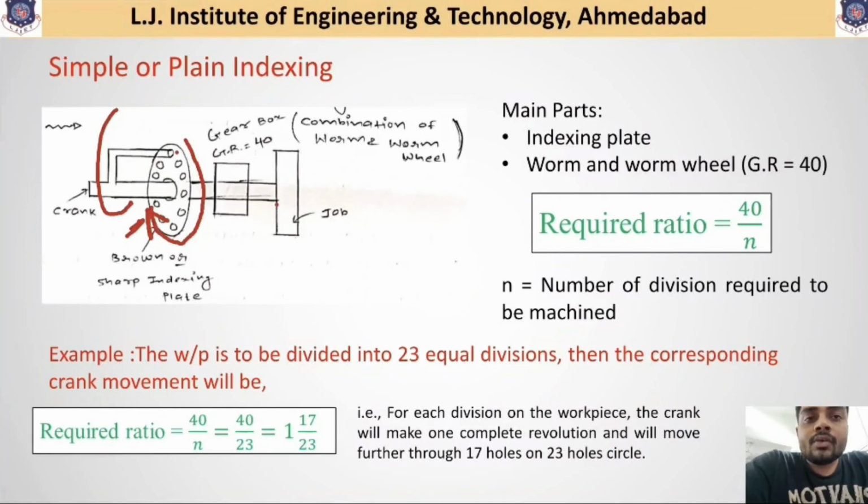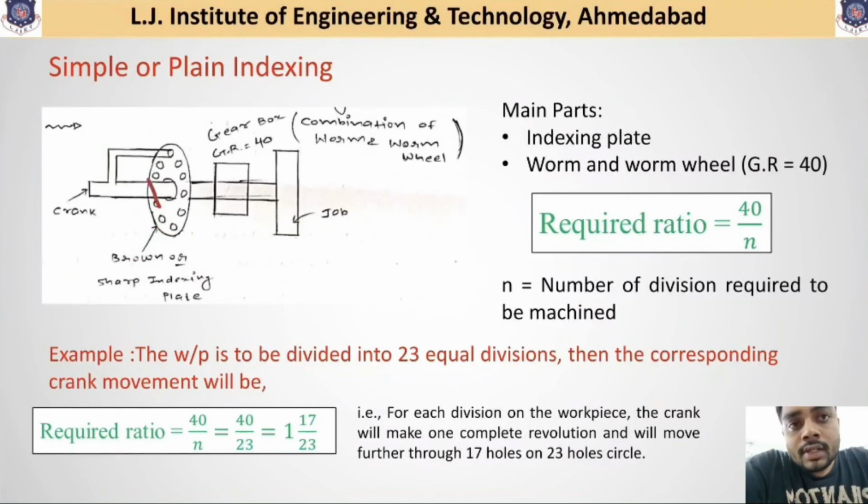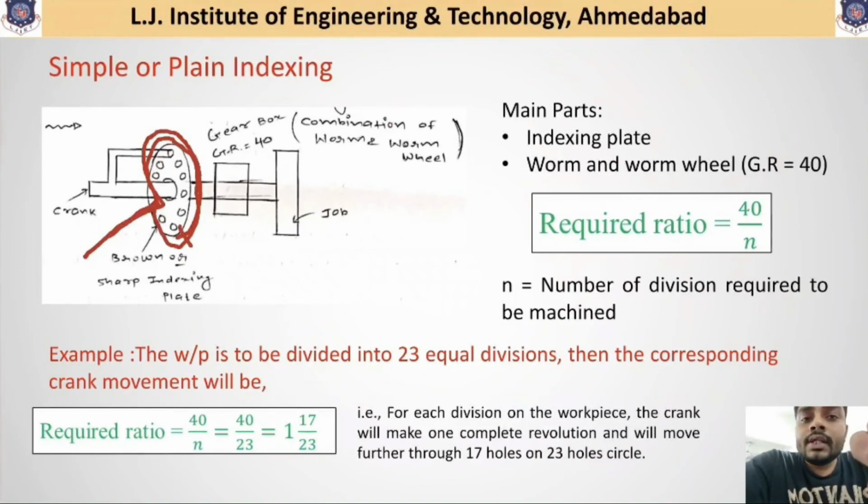Now after performing that machining operation, wherever the crank is available, suppose the crank is available over here, now further give one complete rotation up to here, and from this initial position further rotate 17 holes on this indexing plate and stop over there, which will provide you another division.